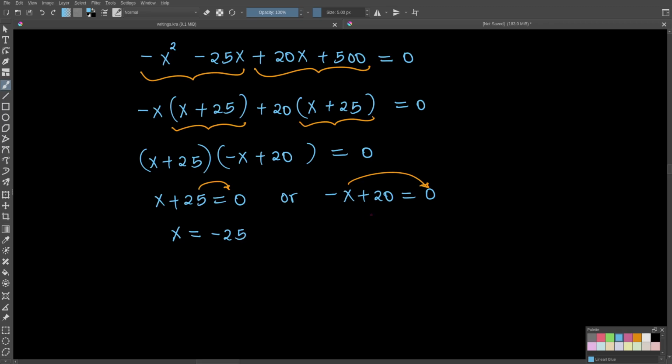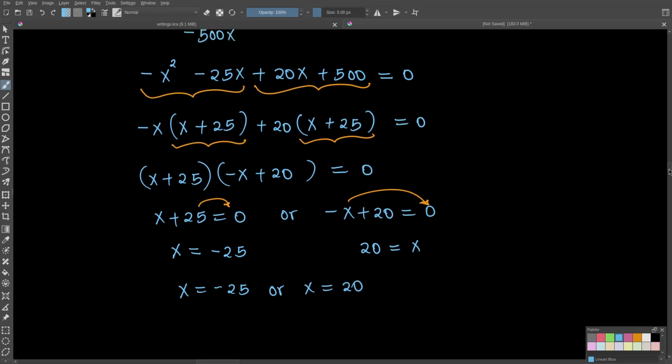And on this second case, on the left, we are going to remain with 20 is equals to, then when the negative x goes to the right, it becomes positive, so x. So this means that either x is equals to negative 25 or x is equals to 20.